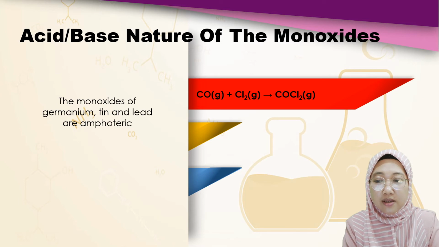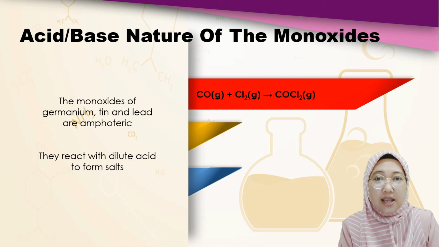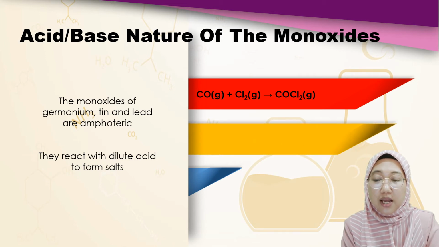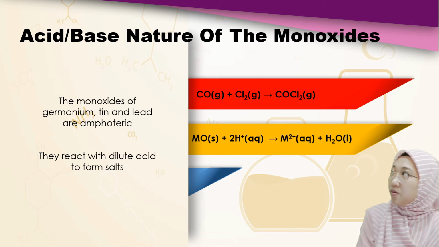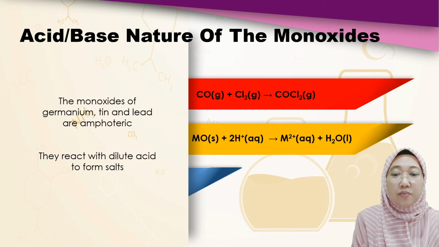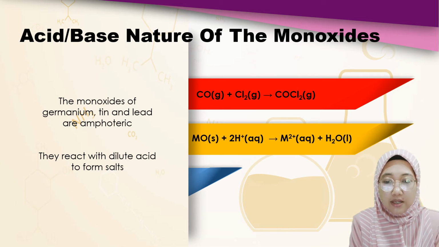Okay, the monoxide of germanium, tin and lead are amphoteric. So bila amphoteric, they can react with acid and base. Okay, they react with dilute acid to form salts. Okay, M here represent the germanium, tin or lead.